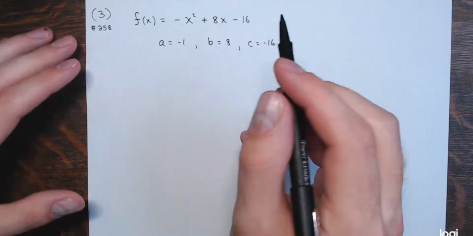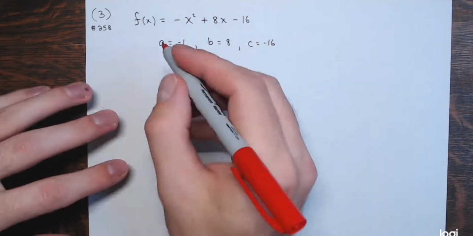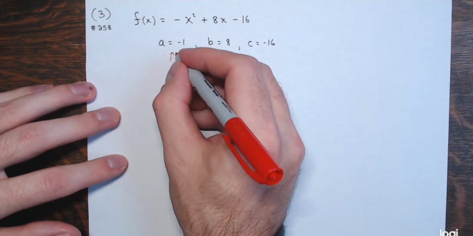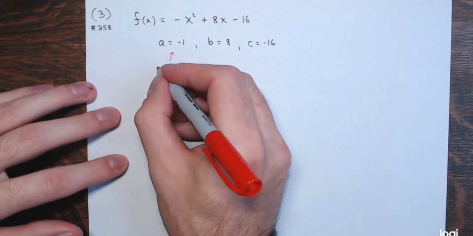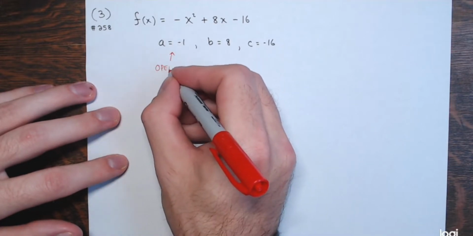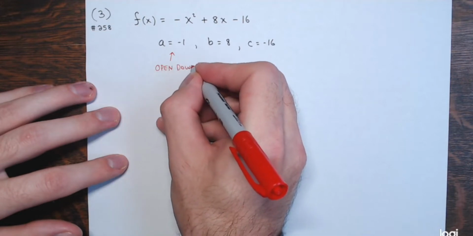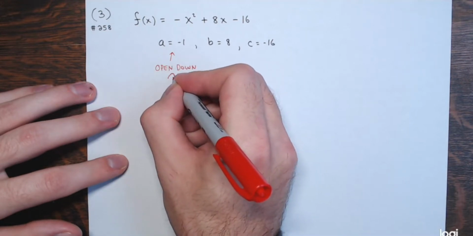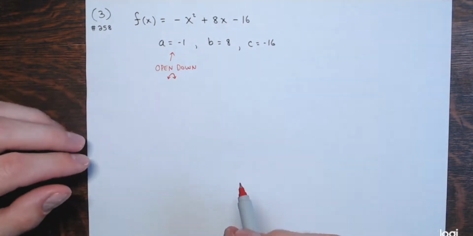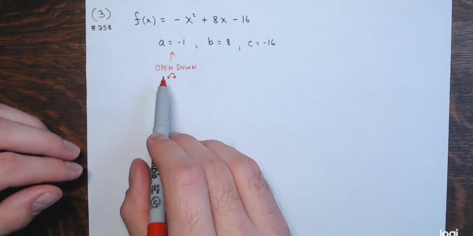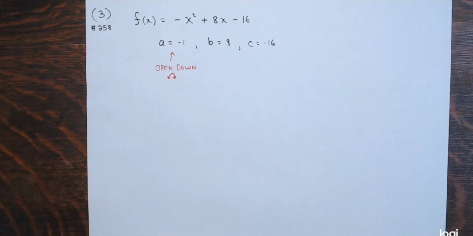So this time, the lead coefficient is a negative number. This parabola is going to be opening down. So when I graph this later, it's got to be opening down, and the vertex will be the highest point on the graph.